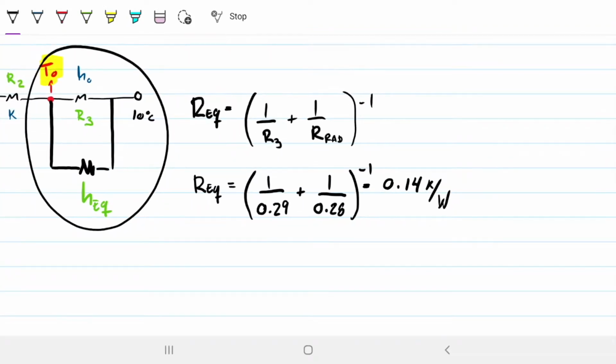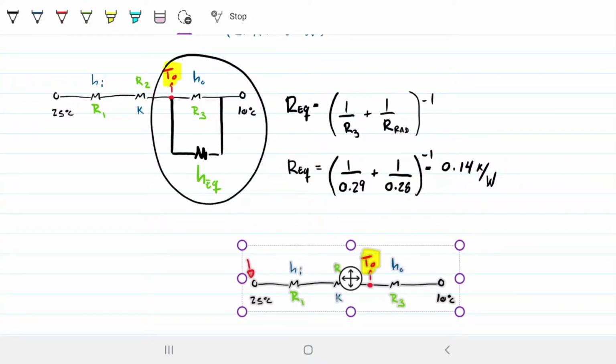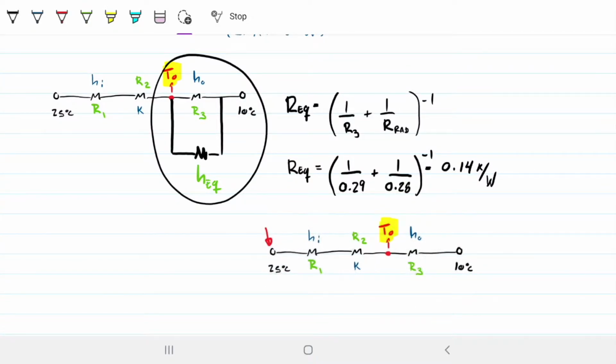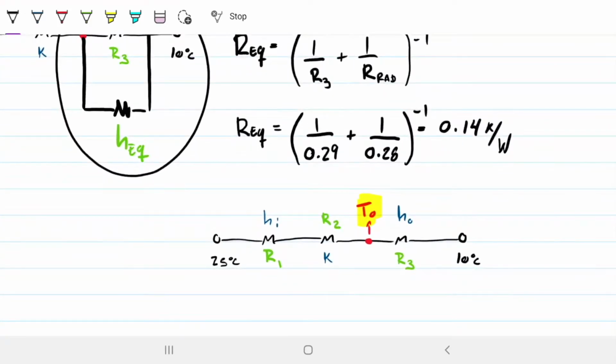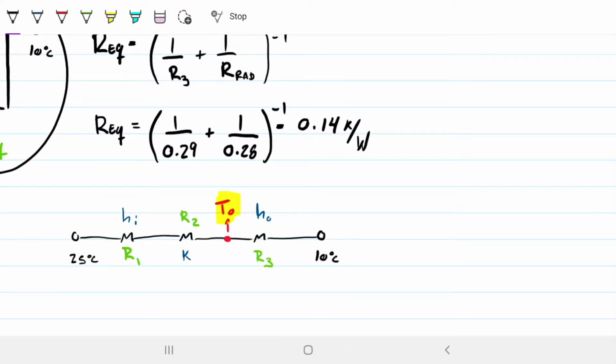Okay, and what does that mean? Well, it means that if I were to have a system that would be the 25, the convective there, the conductive there, and then here instead of having R3, now we have an equivalent resistance for the parallel system, right?